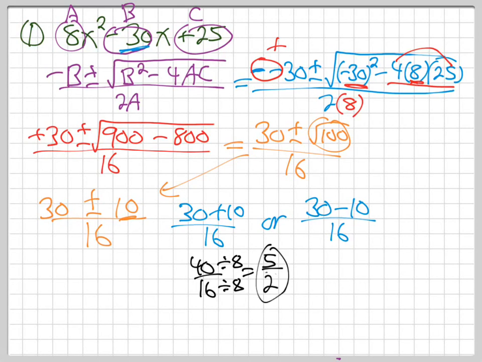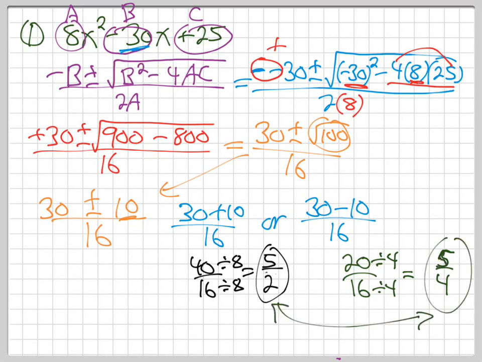And then the other one is going to be 20 over 16, and then divide top and bottom by 4. It'll become 5/4. And that's the other answer. So those are our two answers from the quadratic formula. We broke down this 8x squared minus 30x plus 25, and it became these two answers, 5/2 and 5/4.